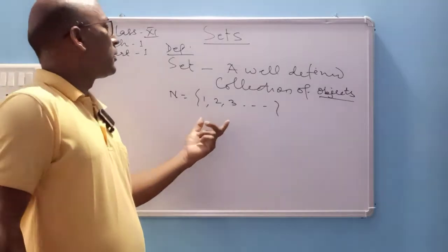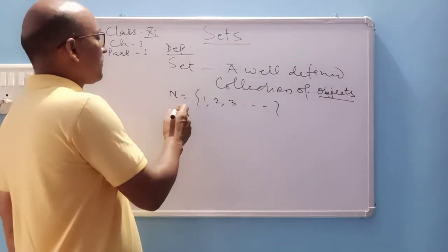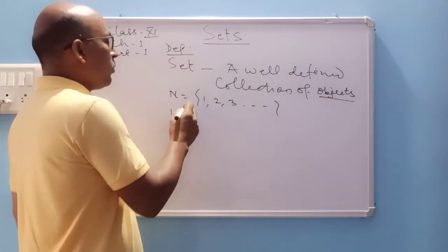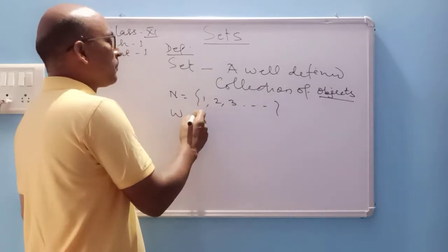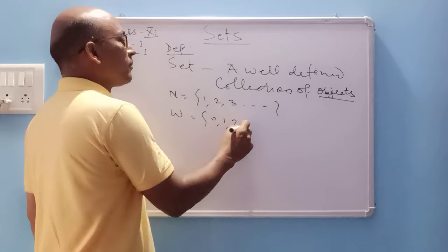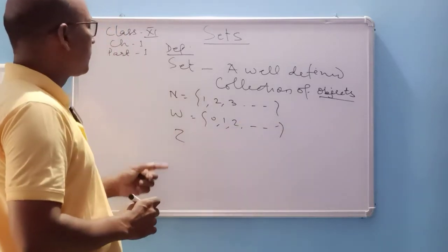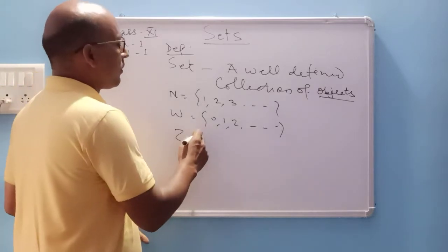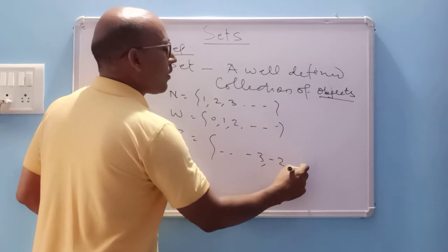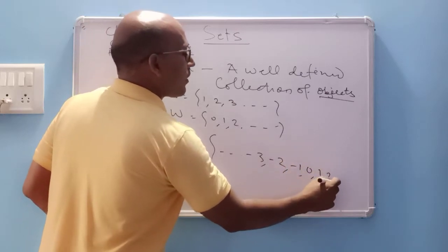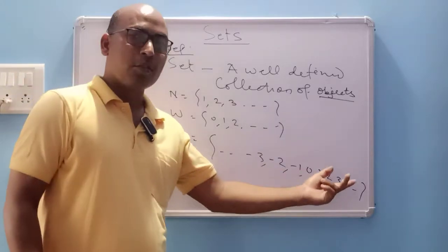Similarly, we have some standard sets. For example, W is the collection of numbers like 0, 1, 2, 3. Integers, the set of integers represented by Z, is the collection of numbers like -3, -2, -1, 0, 1, 2, 3, and so on.